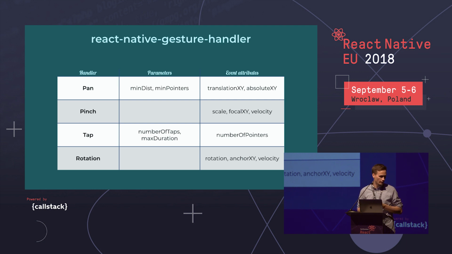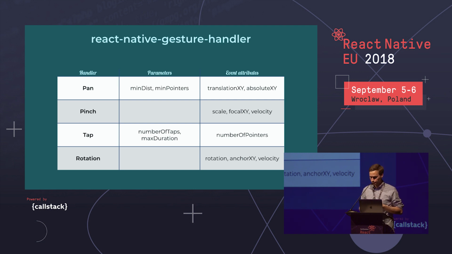For each gesture type, we have a different component, so one for panning, for pinching, tapping, rotation. And then we can control behavior of those recognizers by setting parameters. For example, for pan, we can specify how far we need to drag since the beginning for the gesture to be recognized. And then, as an output, we get events.